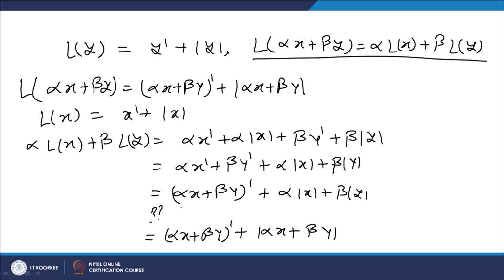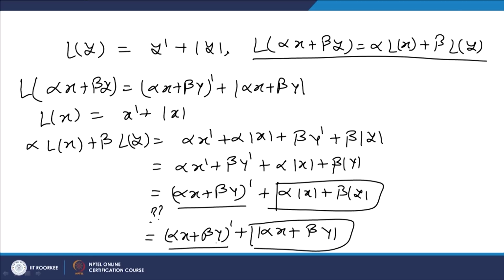Here, the first term is matching, no problem, but the second term may not be equal. This can be equal only when x and y are both positive, but this may not be necessary because y is an unknown function. It may be positive, it may not be positive.